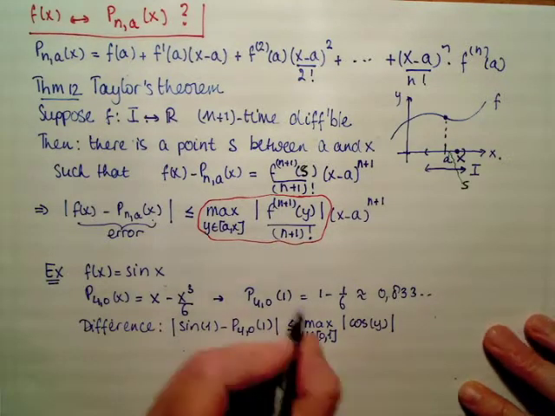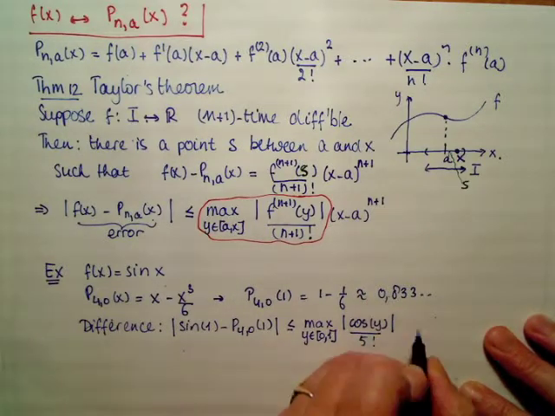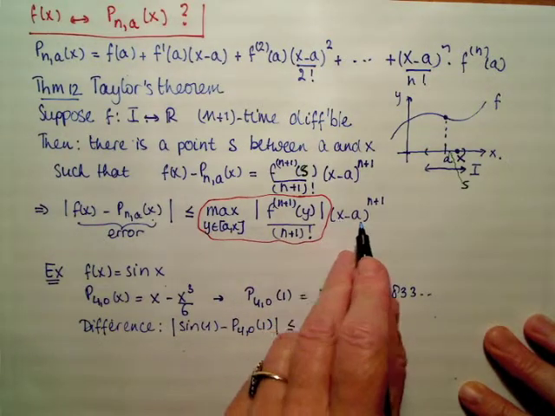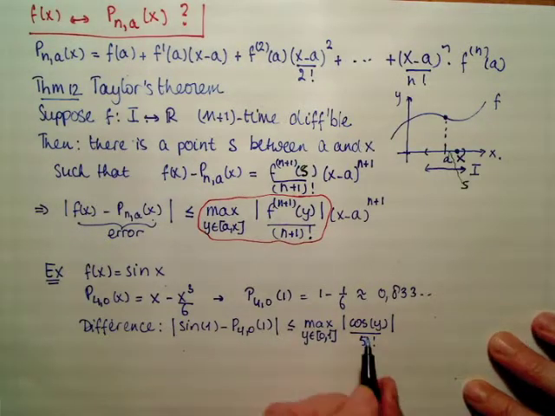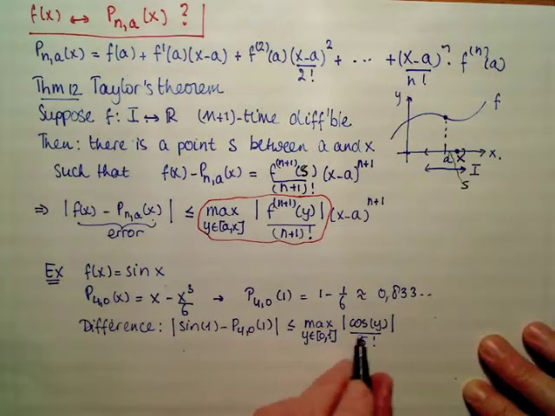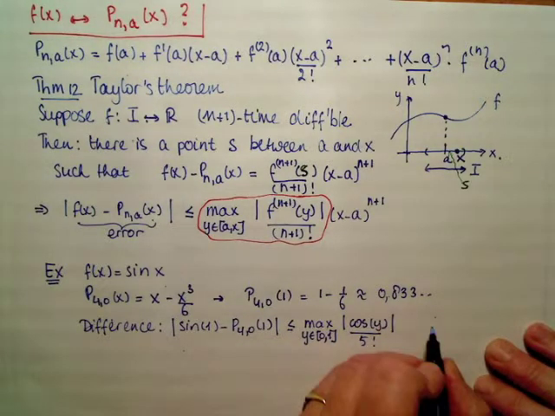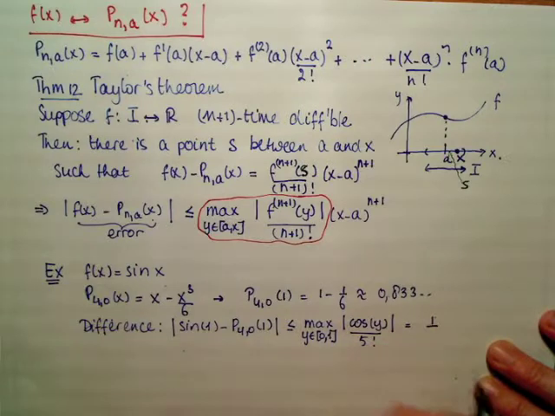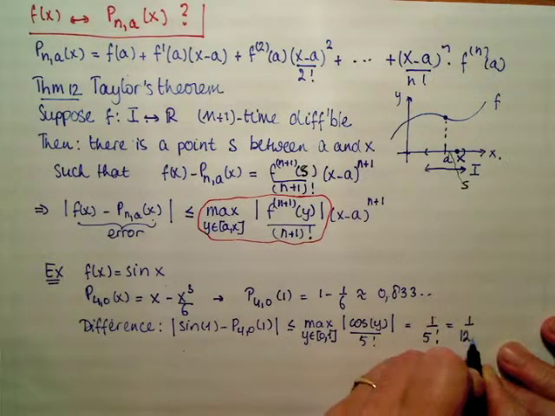We have to divide by n plus 1 factorial, which is 5 factorial, and we have to multiply it by 1 minus 0 to the power 5, which is 1. Now, of course, if we are close to 0, then cosine of 0 is almost equal to 1, so this maximization gives us 1, so this is equal to 1 over 5 factorial, and 5 factorial is 120.